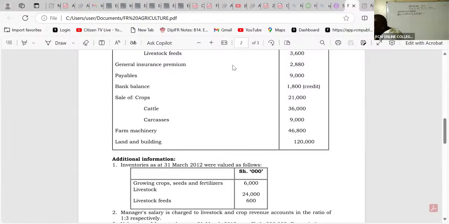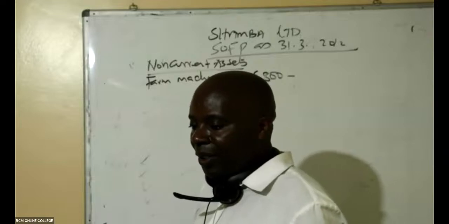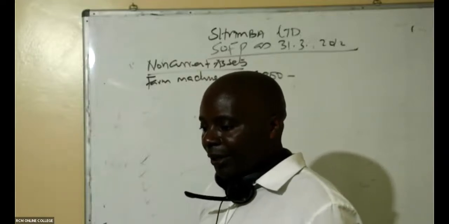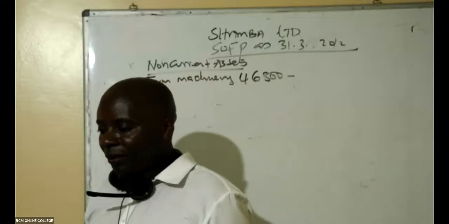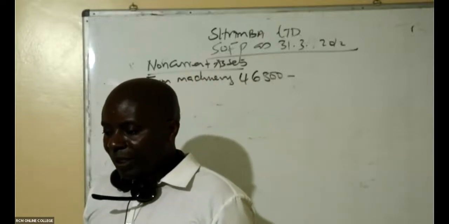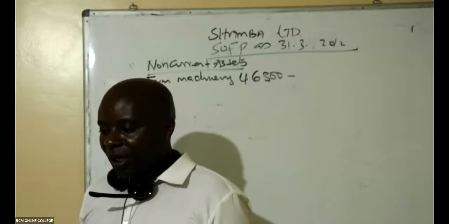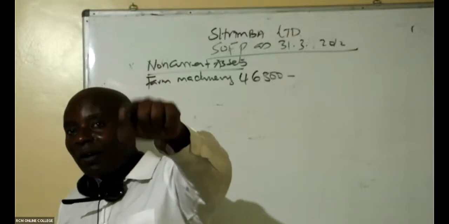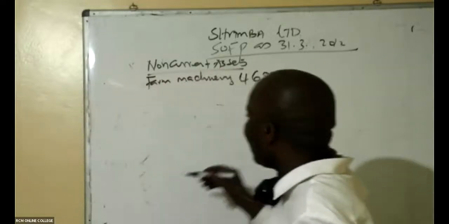Is there anybody who is able to remember the farm machinery depreciation? How much? From the income statement, we have that farm machinery depreciation, 9360.